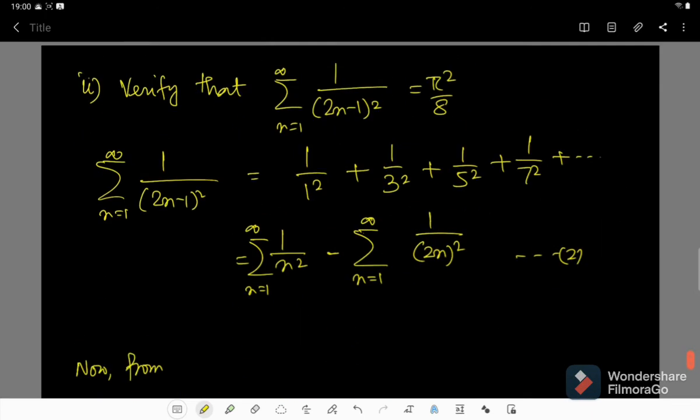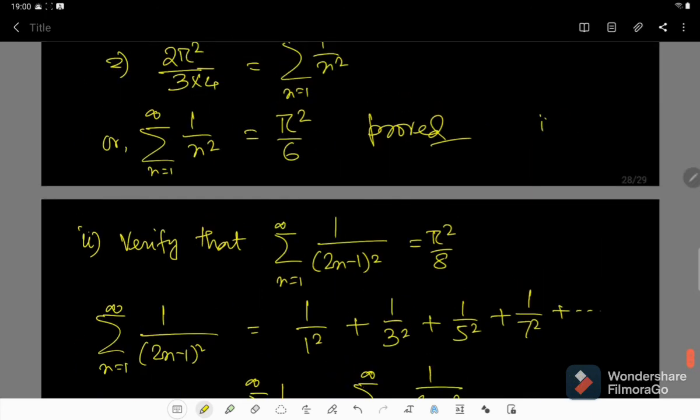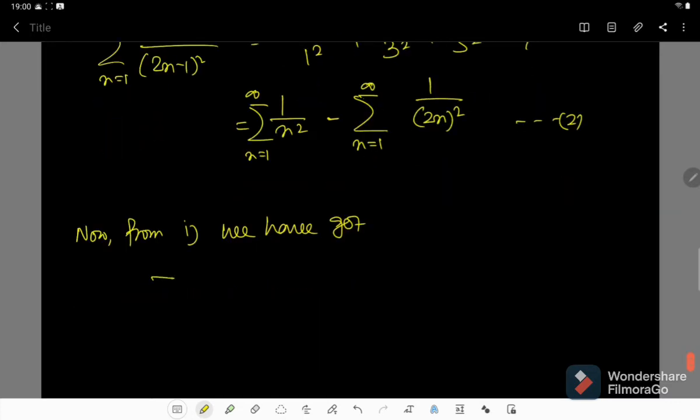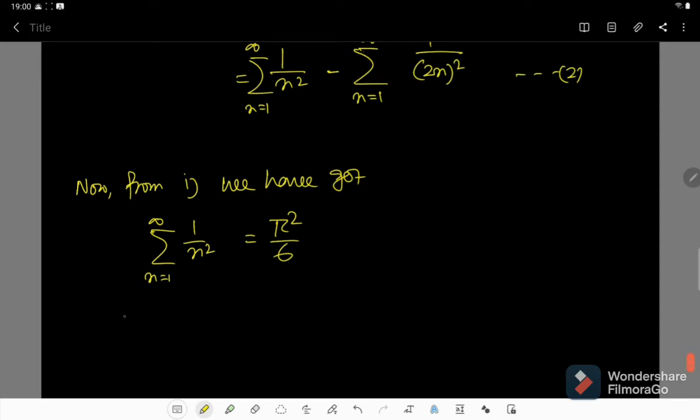Now say this is 1. Now from 1 we have got the sum of 1 by n square is equal to pi square by 6.